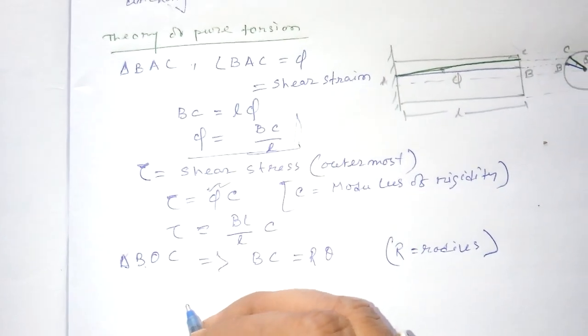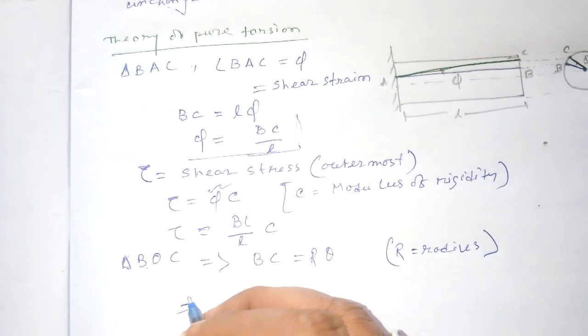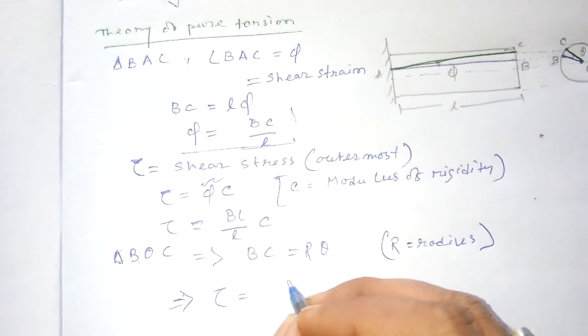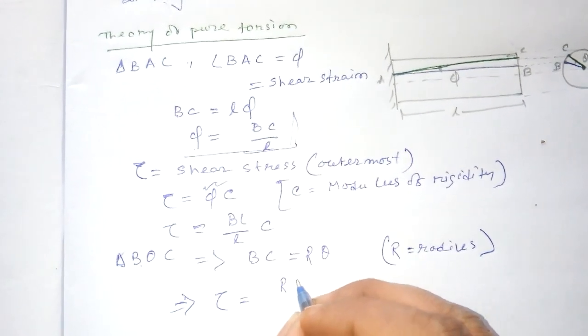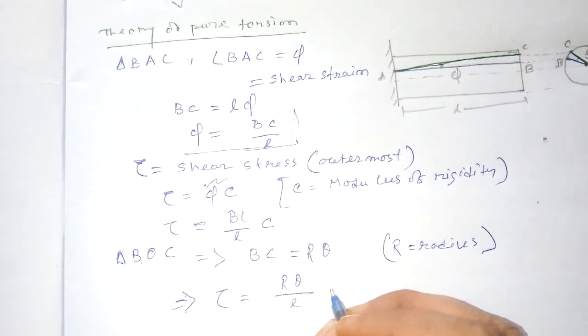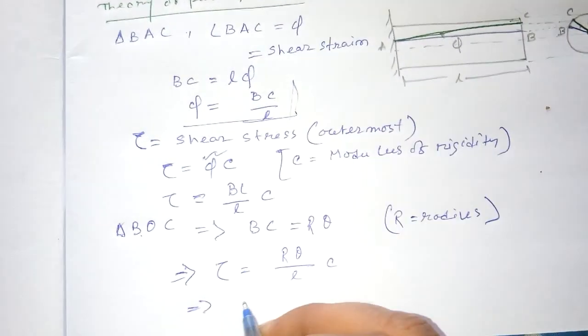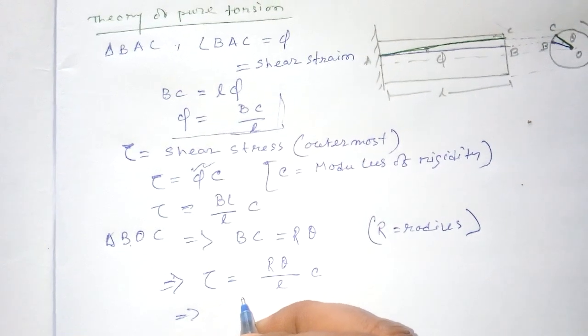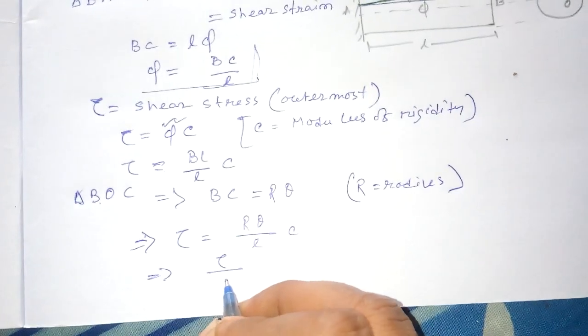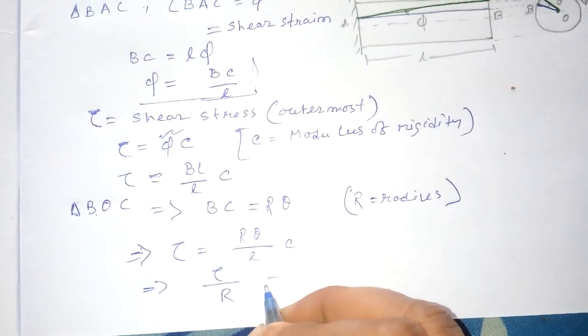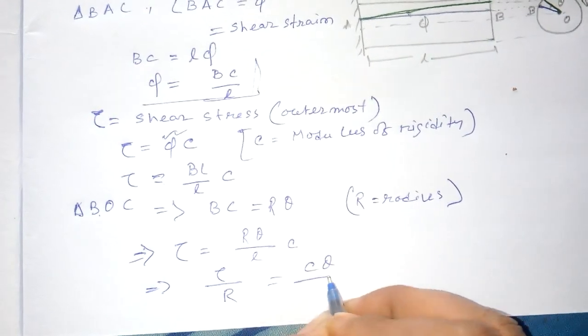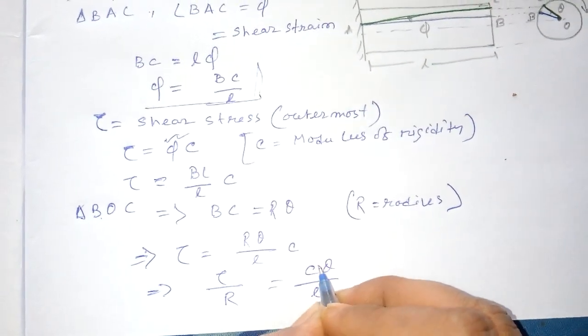So if you replace this value, we will get tau is equal to R theta by L into C, right? From this we can say that tau by R is equal to C theta by L, right?